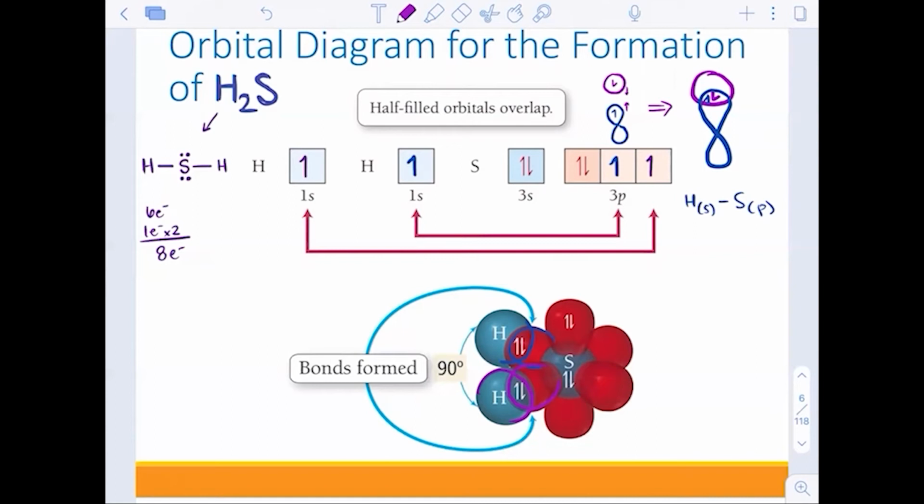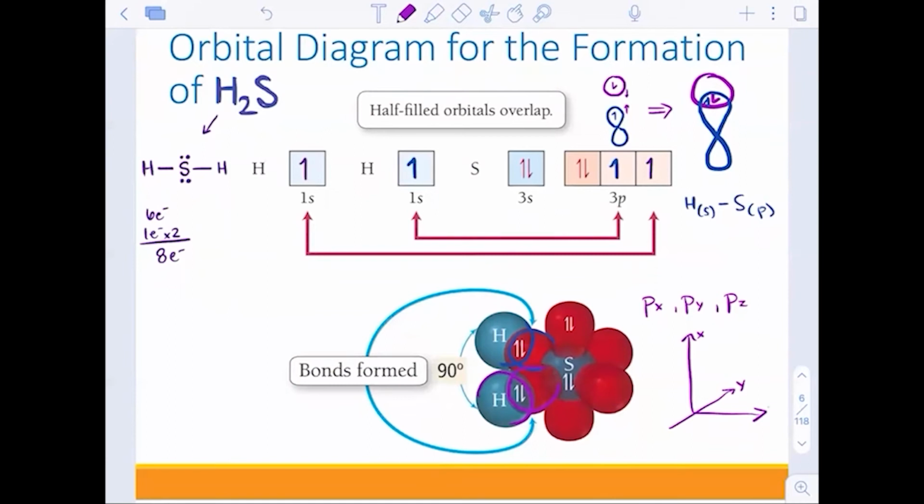The reason for that is because when we look at the p orbitals, remember the px, the py, and the pz were on that 3D Cartesian plane, all 90 degrees from each other.